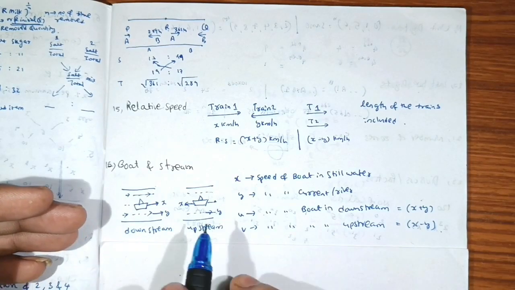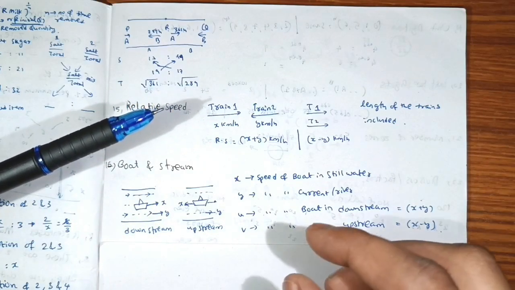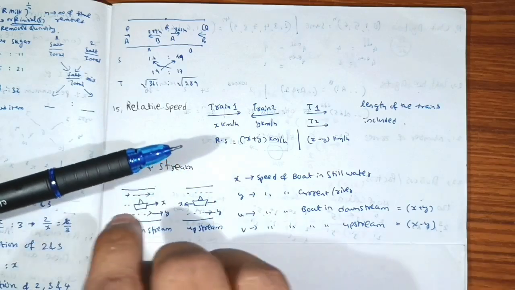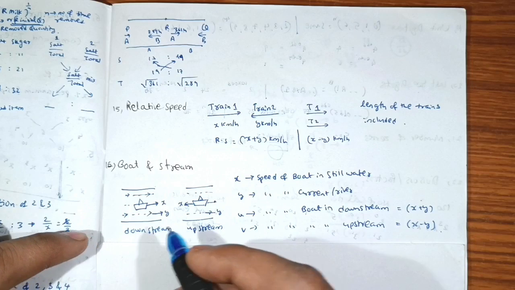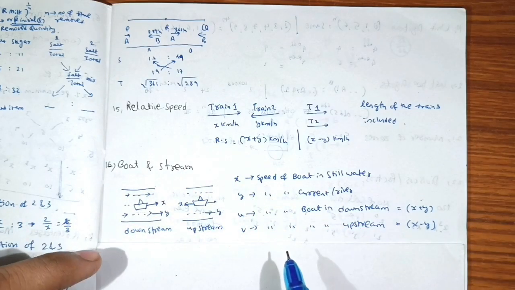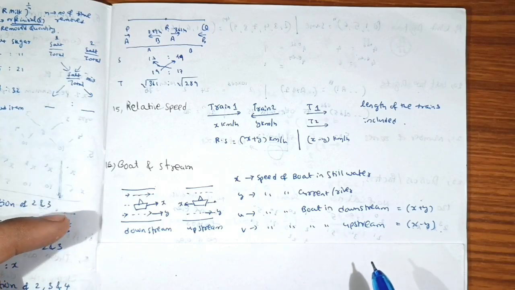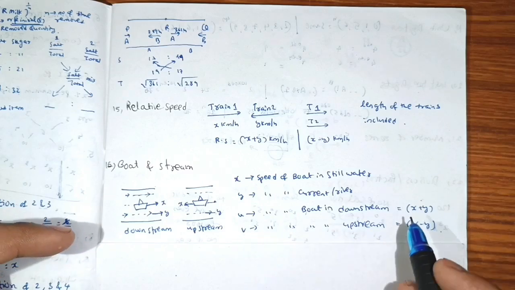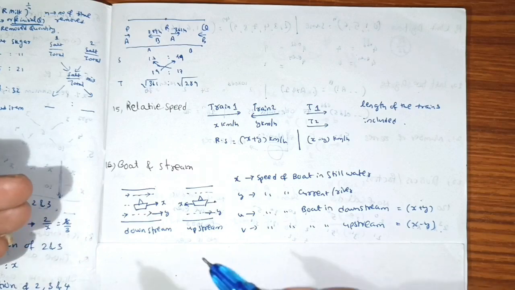There are two possibilities: the boat moves along the direction of the river or opposite to the direction of the river. Moving in the direction of the river means the boat is going downstream, and otherwise the boat is going upstream. In that case we have two formulas, the speed of the boat in downstream, u, and in upstream, v. Downstream speed u is the speed of the boat in still water plus the speed of the current, the addition of the speeds.